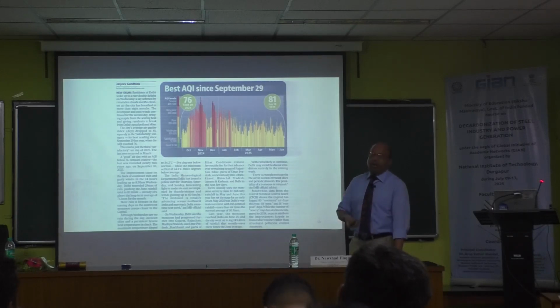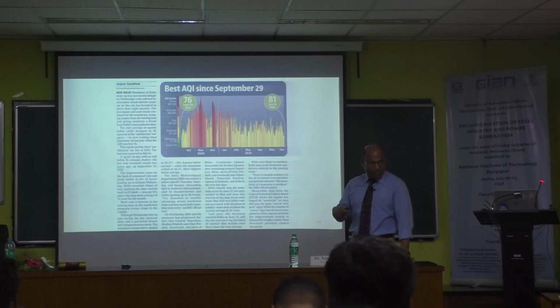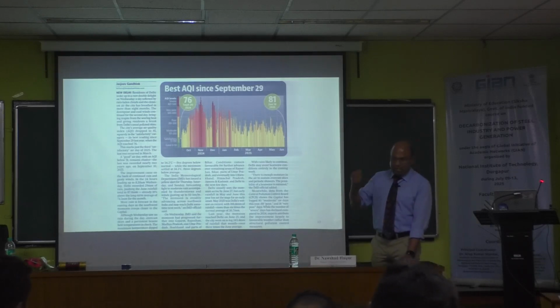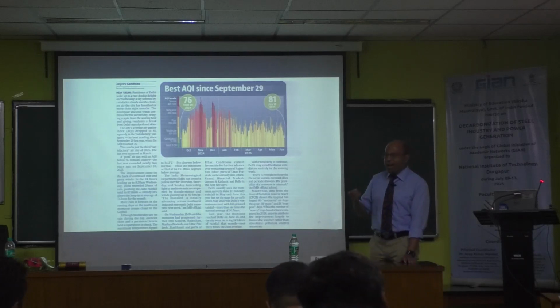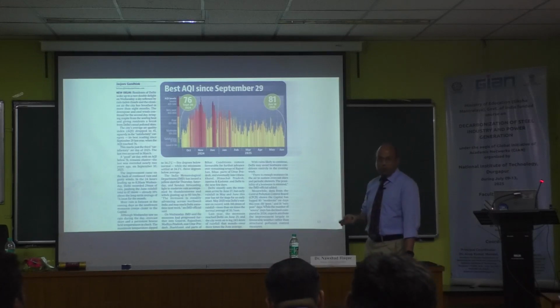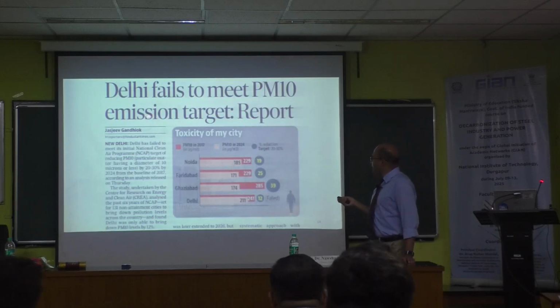In the beginning, at least, the good thing is that sensors are measuring and reporting those numbers, so that's not a made-up number. A real station sensor is measuring day and night and reporting. We can tell the problem, but what's the solution? That's another problem. You can see Delhi's PM10 emission target report, and that's Noida.